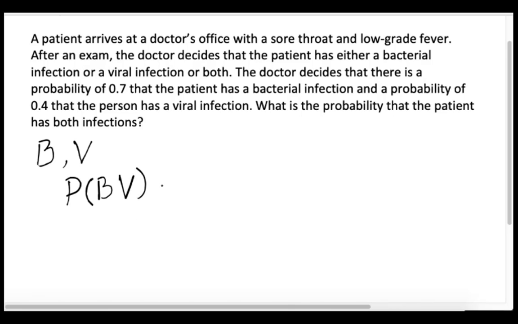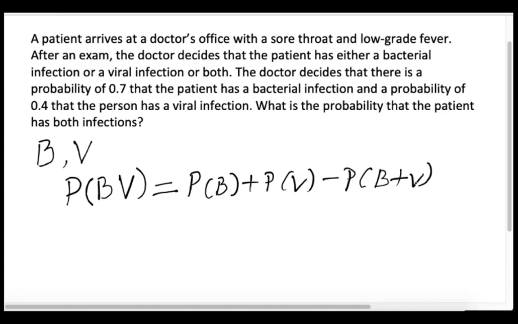Okay, and if you use the addition rule, you get the probability of B plus the probability of V minus the probability of B plus V. Bacterial infection, it is 0.7.